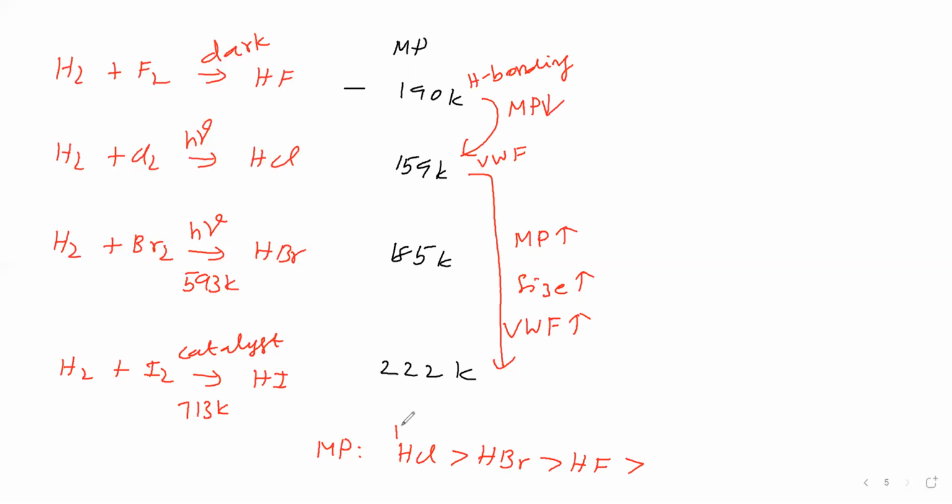HCl is 159, which is a lower value. So we have to say that HCl melting point is less. HCl melting point is less than HBr, HBr less than HF, HF less than HI. Like this the melting point order is there.